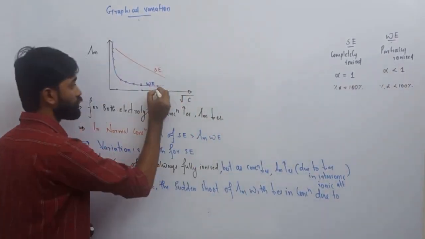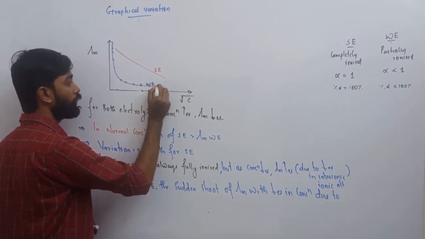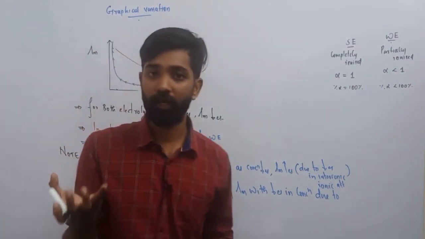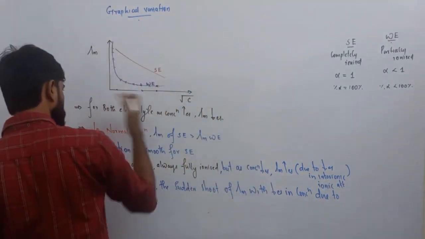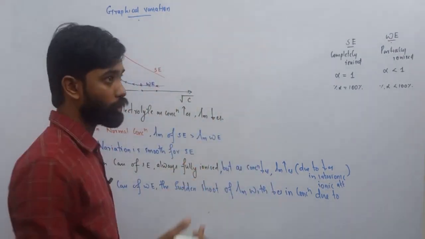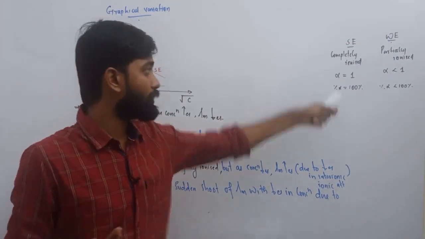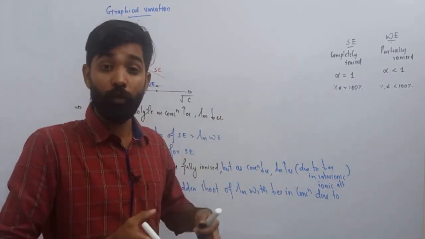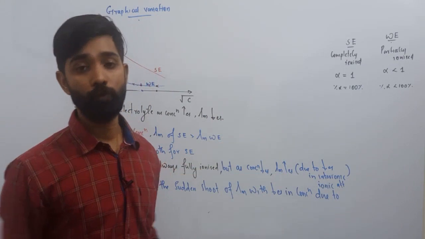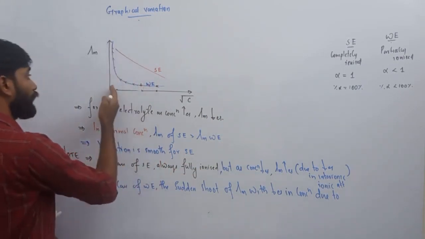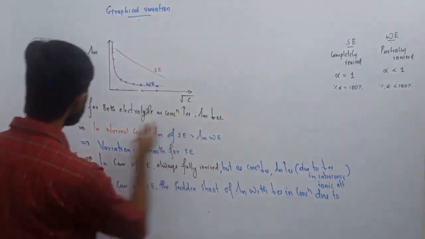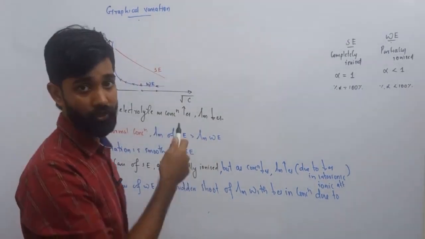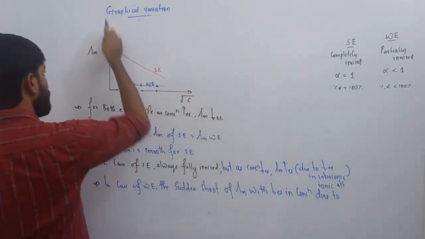In a high concentration, only a fraction of the electrolyte is ionized. But as we decrease the concentration or increase the dilution, according to Ostwald's dilution law, alpha increases, which means the degree of ionization increases. So more and more species get ionized. If it reaches a particular concentration, the whole electrolyte gets ionized, which increases the conductivity to a greater extent. That's why the graph is like this.